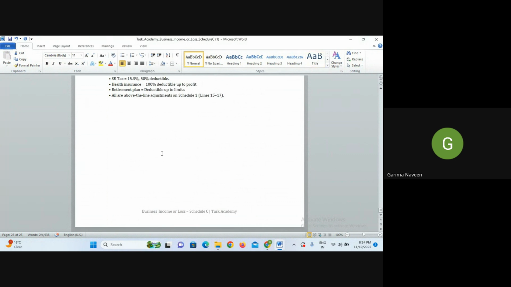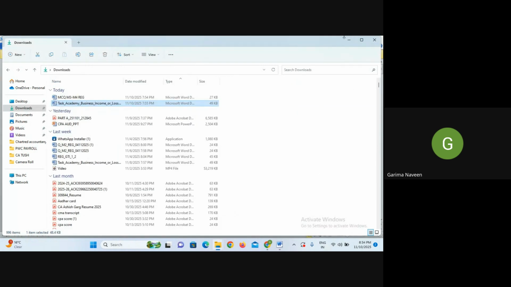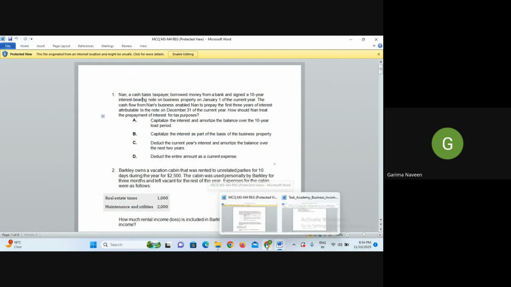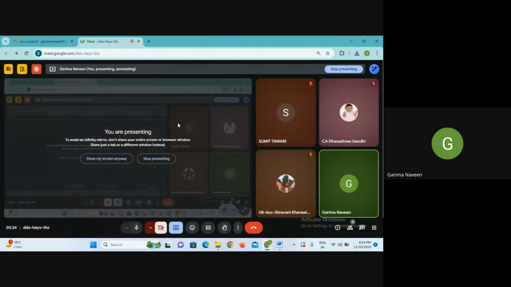Have you studied itemized deduction also? Like, have you done the revision for itemized deduction? Have you revised the topic itemized deduction?